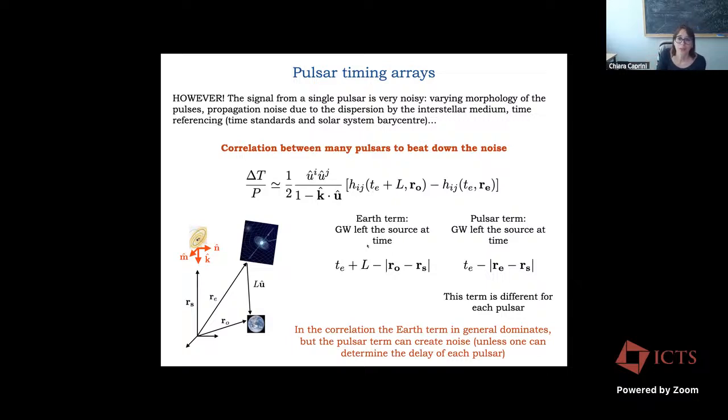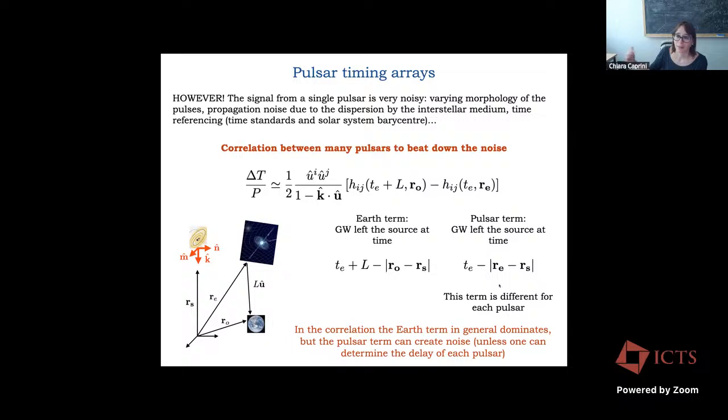The Earth term concerns the gravitational wave that left the source at the retarded time between the time of emission and the Earth, while the pulsar term concerns the gravitational wave that left the source at the time of the pulsar. So it's the retarded time with respect to the pulsar position. And this term will be different for each pulsar in the network, because they are at different positions.